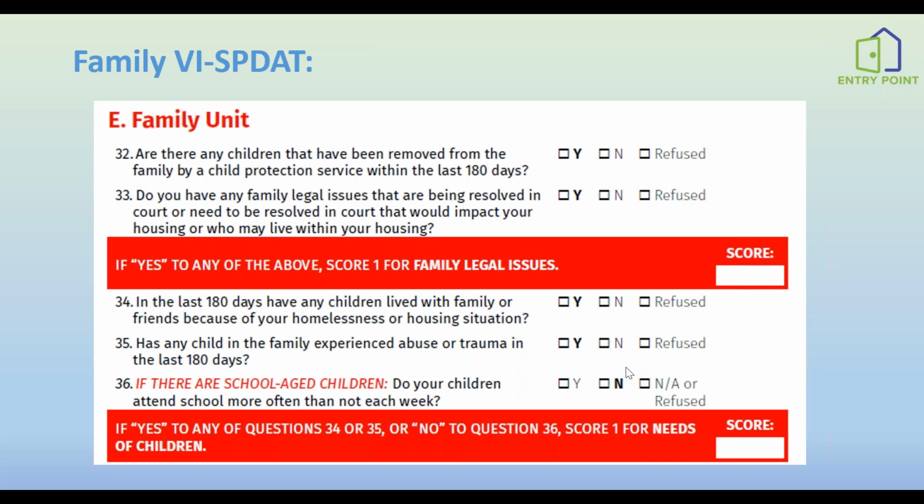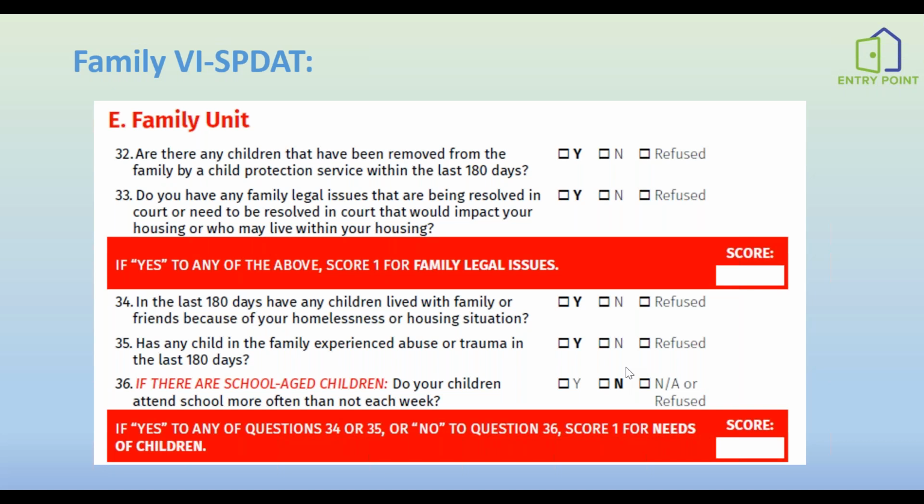So this family unit question section is looking at whether or not any kids have been removed from the family by Child Protective Services, whether there are any family legal issues that are coming to bear. Again, we don't want people to be embarrassed or overwhelmed. In fact, this might be a reminder, an opportunity to remember that people might be eligible for housing supports through DCFS if the family is involved with DCFS.